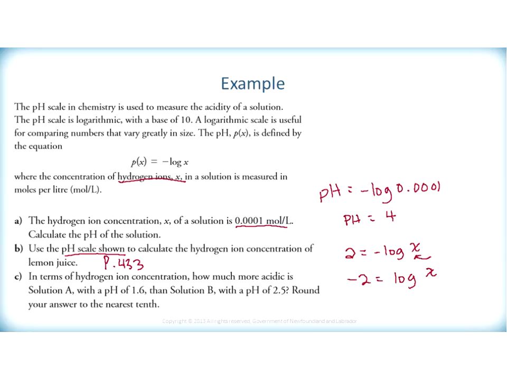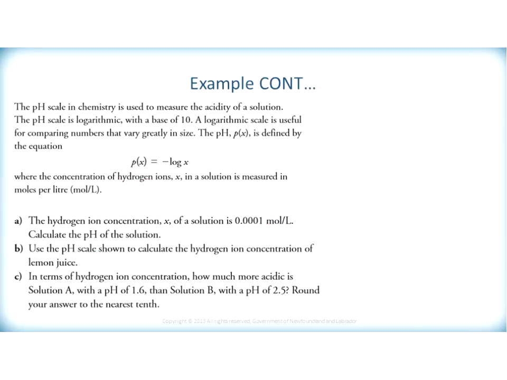We're solving for x, and in this case, we're going to write it in exponential form. We have base 10 here. So 10 to the power of negative 2 is equal to x. This will give us 0.01 is equal to x, the hydrogen ion concentration.